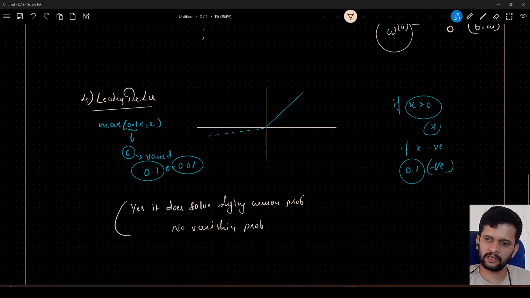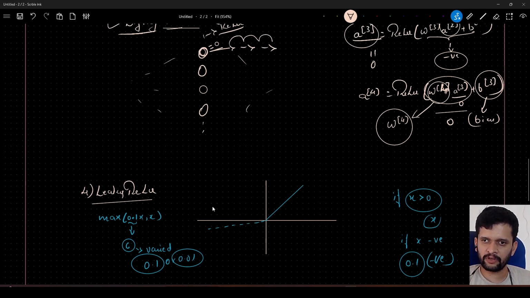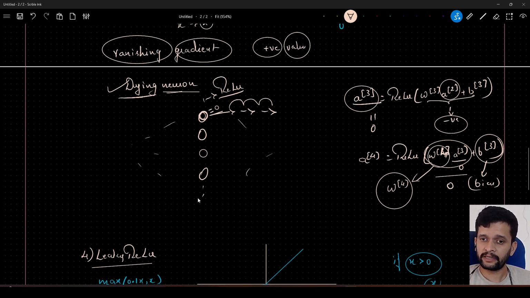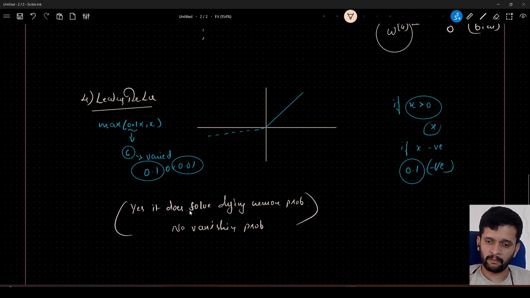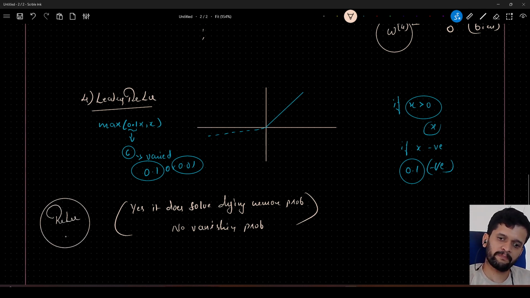So this looks to be a better choice if we encounter the dying neuron problem with ReLu. But the widely used activation function these days is ReLu. But if we happen to encounter the dying neuron problem, it's better to switch to LeakyReLu.